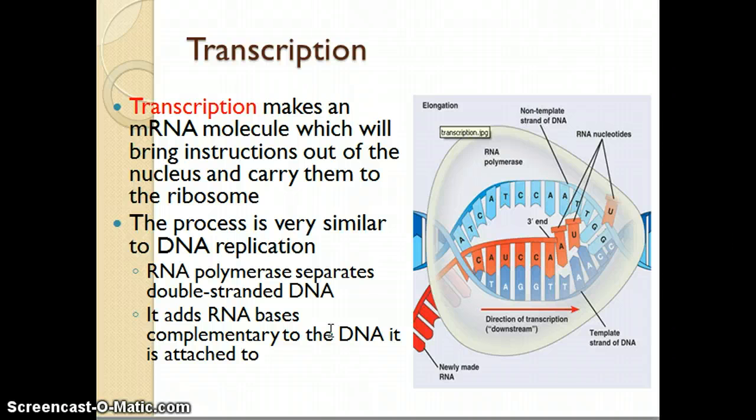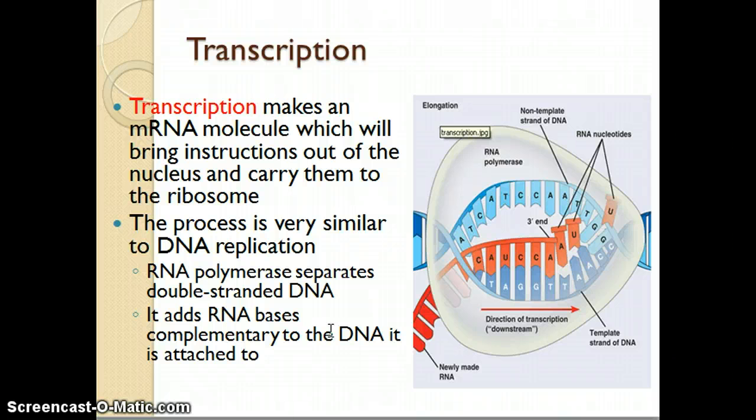Just like DNA polymerase in replication, RNA polymerase adds nucleotides from 5' to 3'. So the 3' to 5' strand is called the template strand. The mRNA that's created from DNA is always complementary to the 3' to 5' DNA strand.